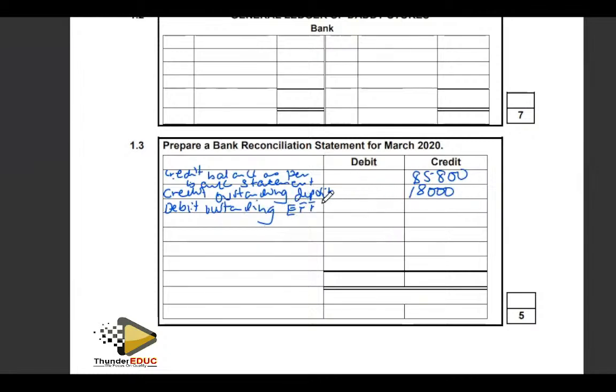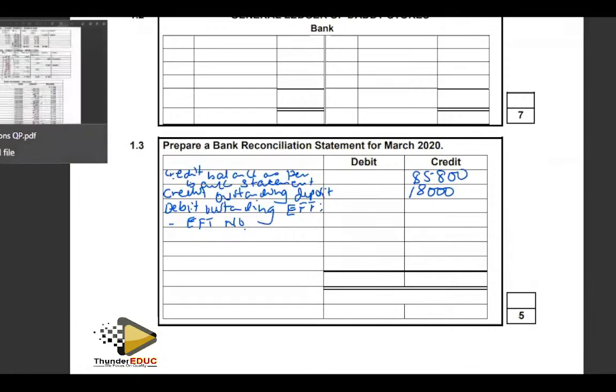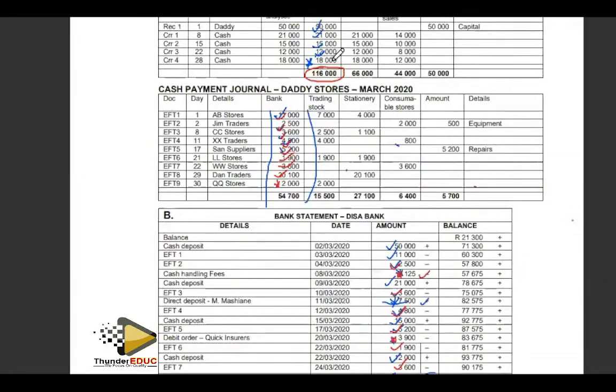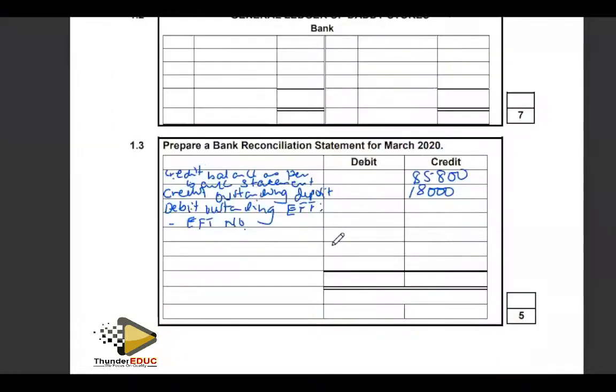Right. So we are going to list the EFTs here. One, we have EFT number, let me check. Sorry, EFT number 9, this is EFT number 9.